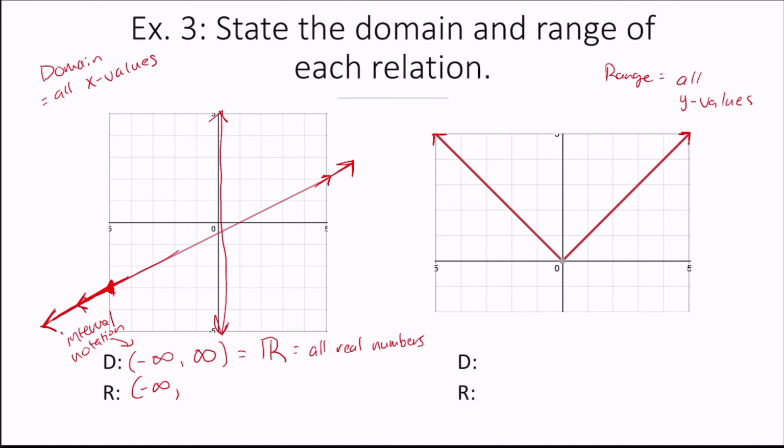As far as we can tell, this line is just going to keep going down and down and down and never stop. On the other end, it's going to keep going up and up and up. So our range of this function appears to be from negative infinity to positive infinity as well. And again, you can write that either in the interval notation or using the symbol for all real numbers.